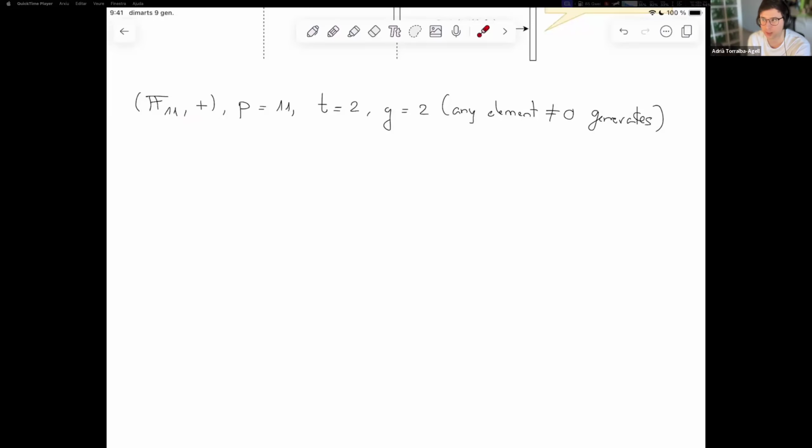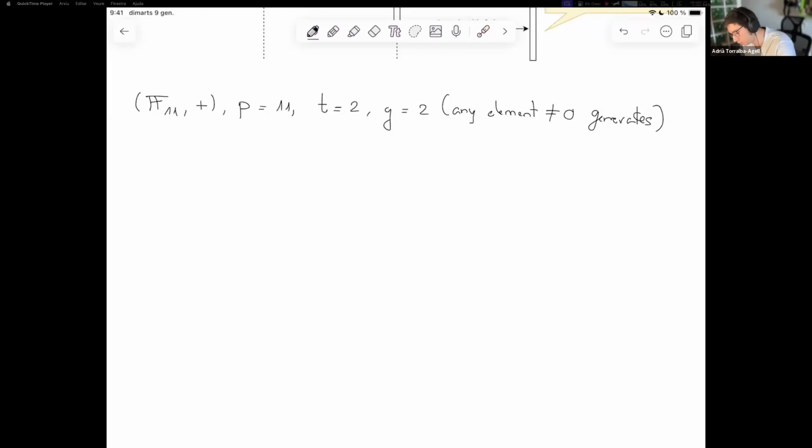This means that we have 0, 1, 2, 3 all the way along until 10. When we get 11, we start again at 0. So our prime number is 11. T is 2. This means that the maximum degree of the polynomial we are allowed to commit is at most 2. And we have G equals 2 as the generator.